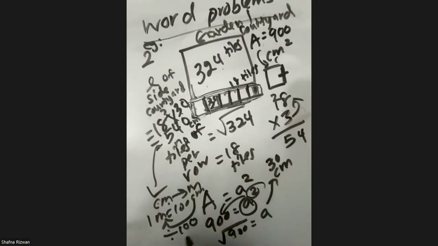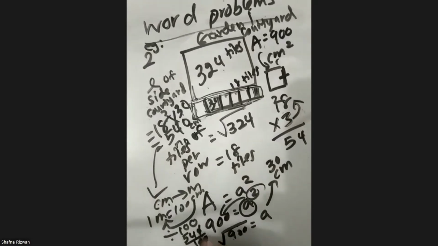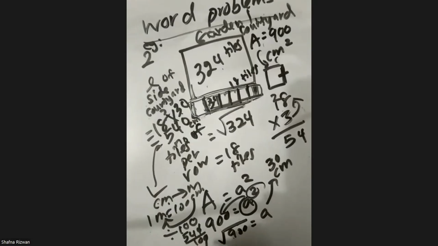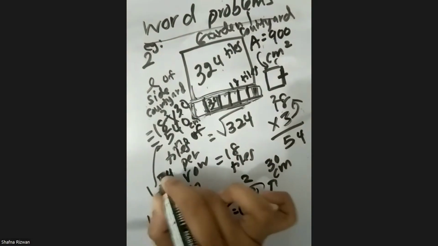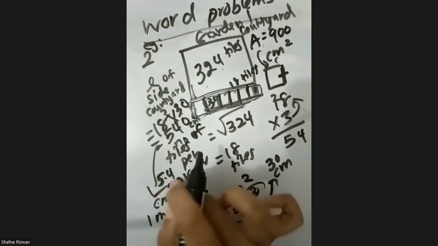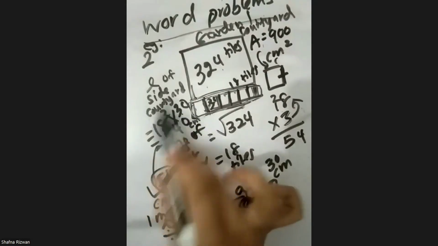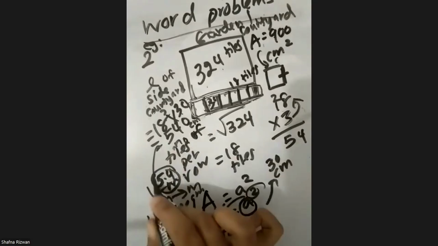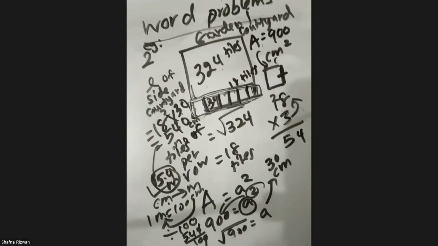If you divide 540 by 100, how much will you get? 54 divided by 10, then 5.4. So how much will you get? 5.4 meters. 5.4 meters will be the length of a side of a courtyard. Yeah, did you all understand? 5.4 meter will be your answer.